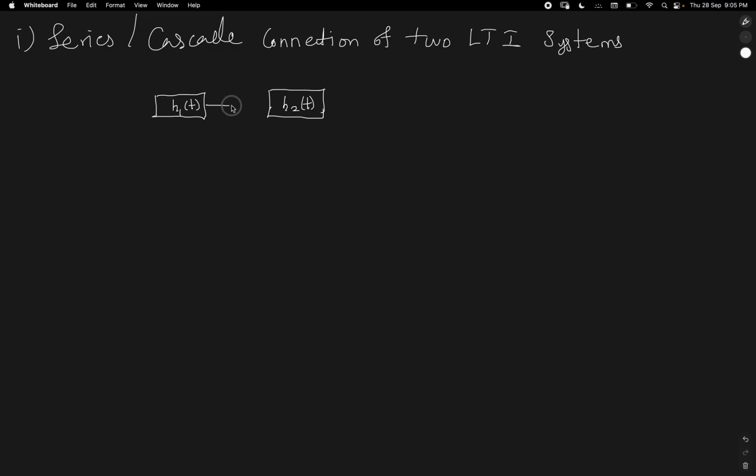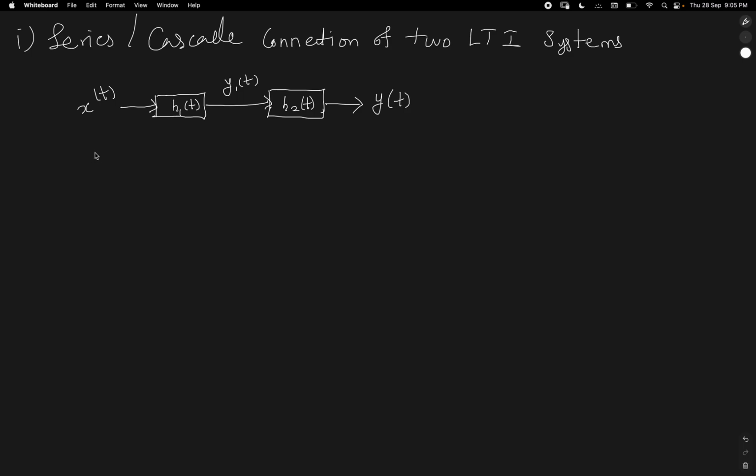These two systems are connected together and the first system receives an input x of t and it is processed by the system and the output of the system is y1 of t, and y1 of t is the input to the second system with impulse response h2 of t and it is processed and the output of the system is considered as y of t.